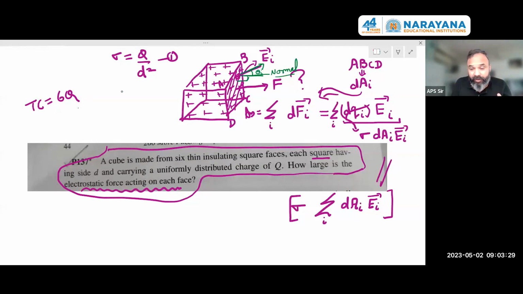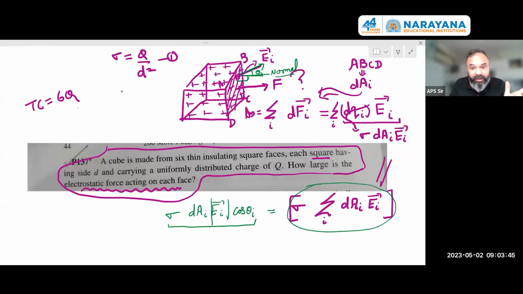I'm saying the resultant of these will be sigma dAi Ei. I'm taking the mod of this field and cos theta i, and I'm commenting that this will be normal to the desired face, on which we are calculating the force.